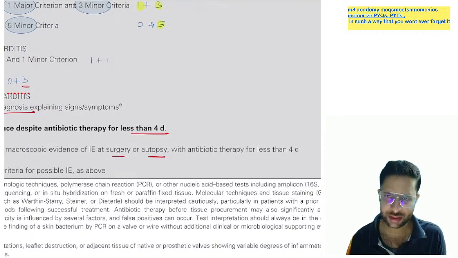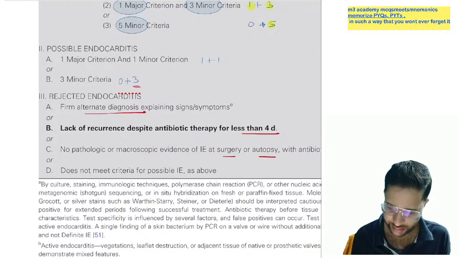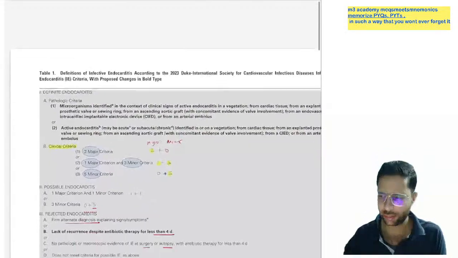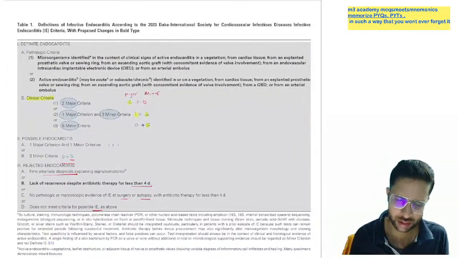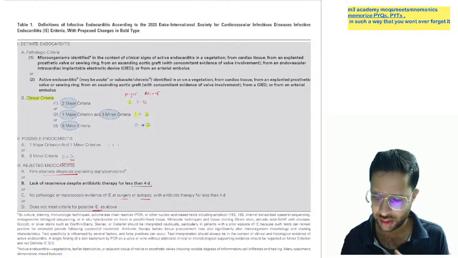We already discussed that surgical criteria are now included. Or the patient does not meet the criteria for infective endocarditis as above. So that was everything here. The update was the definition of infective endocarditis according to the 2023 Duke-International Society for Cardiovascular Infectious Diseases criteria.